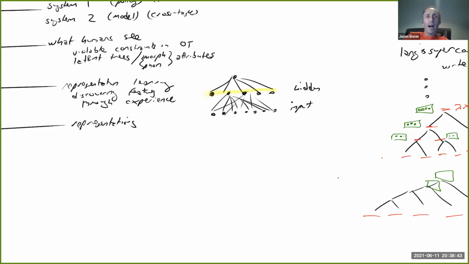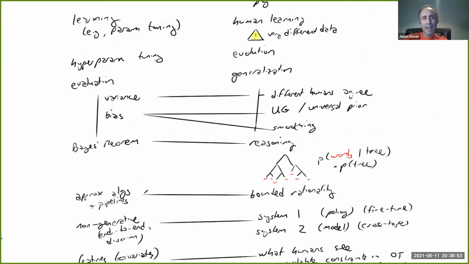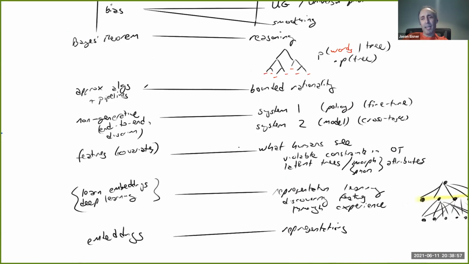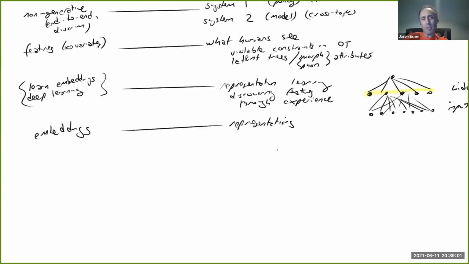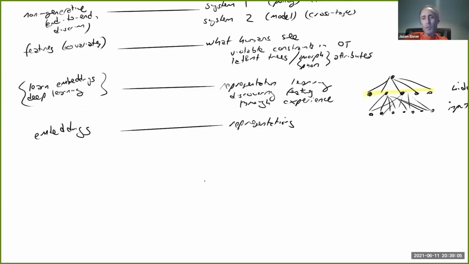So let me finish this up here, and then I'm going to sketch a few other ways that we could just finish up this correspondence between machine learning and computational linguistics, and then I'll unpack a little more of what this kind of historical view looks like.